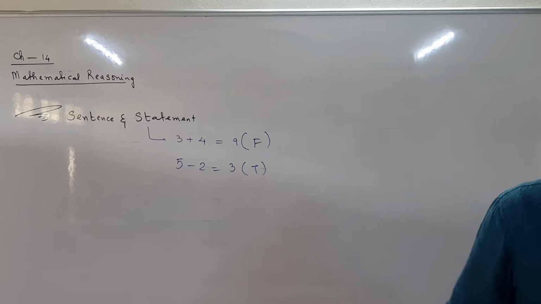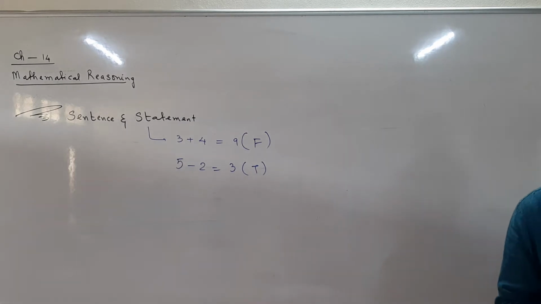8 is less than 6. Now 8 is not less than 6, 8 is greater than 6, so this is false. So if the sentence is universally false, definitely it is a statement. Then every set is a finite set.